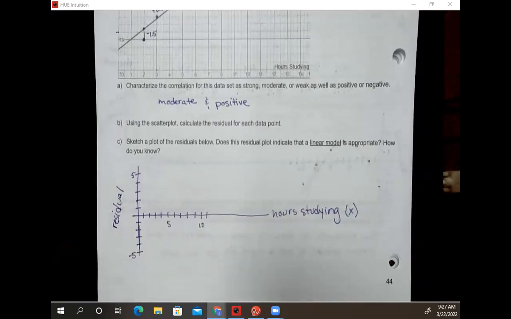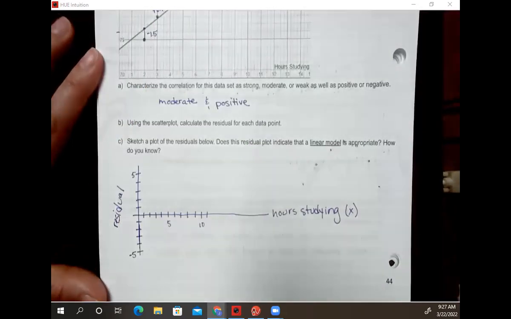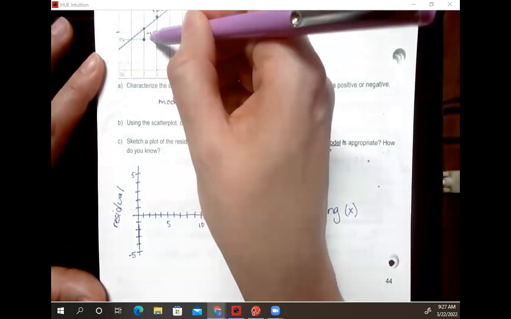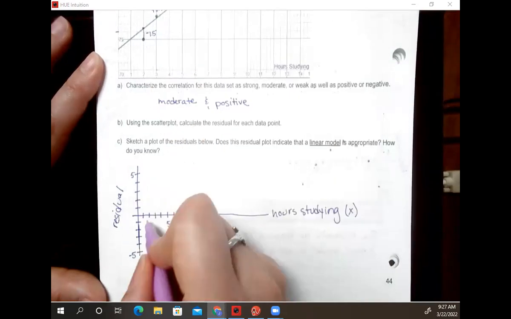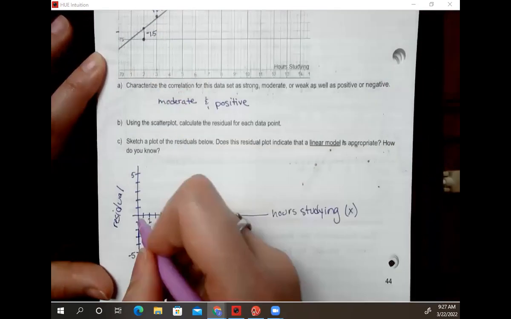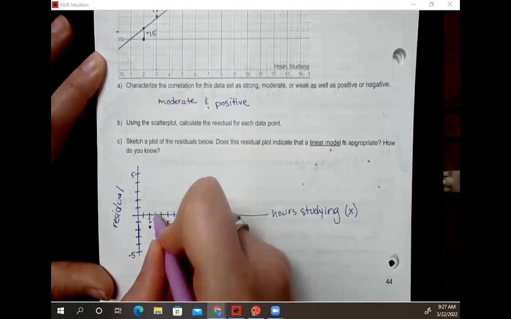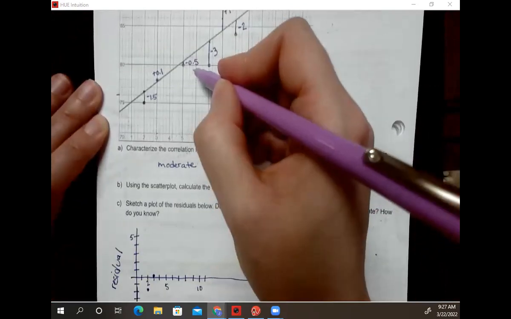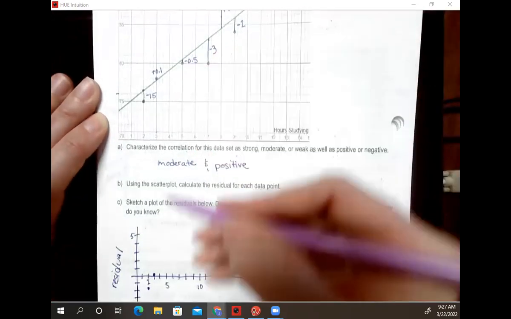So I've got my residual plot set up, and now I'm going to plot those differences I marked on my graph. When our x value is 2, our residual is negative 1.5. At 3, we're at 0.1, so just above there. At 5, we're at negative 0.5.